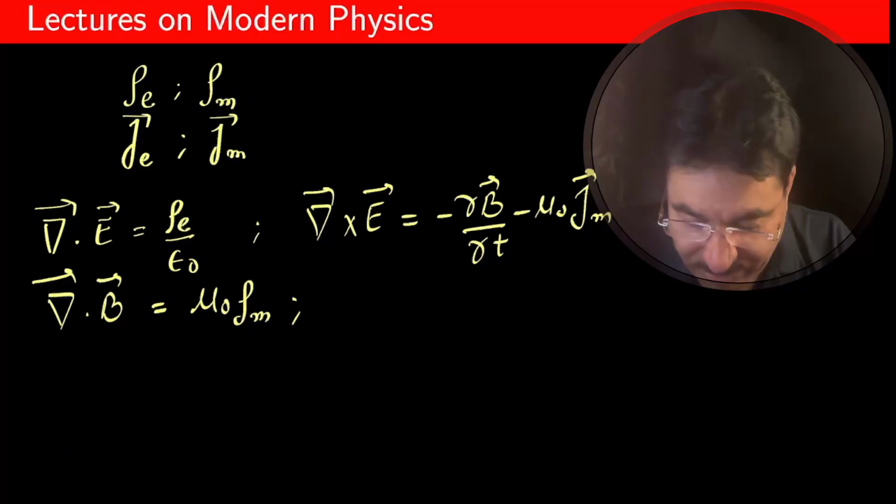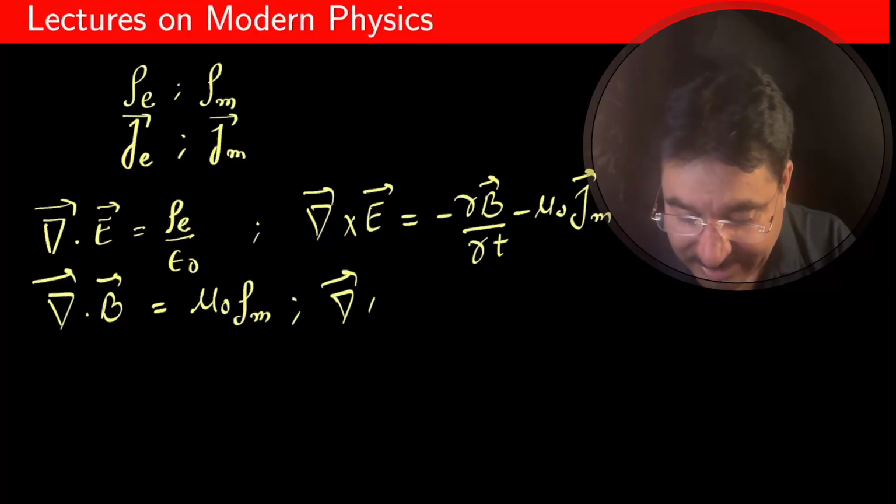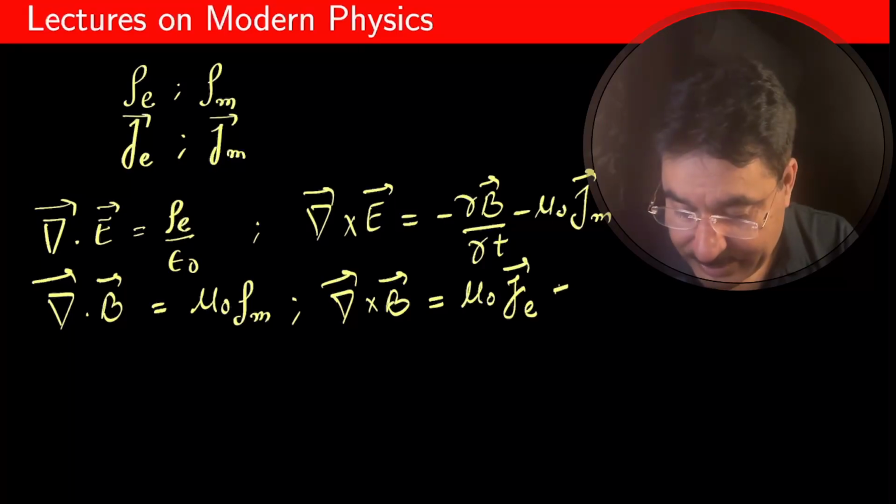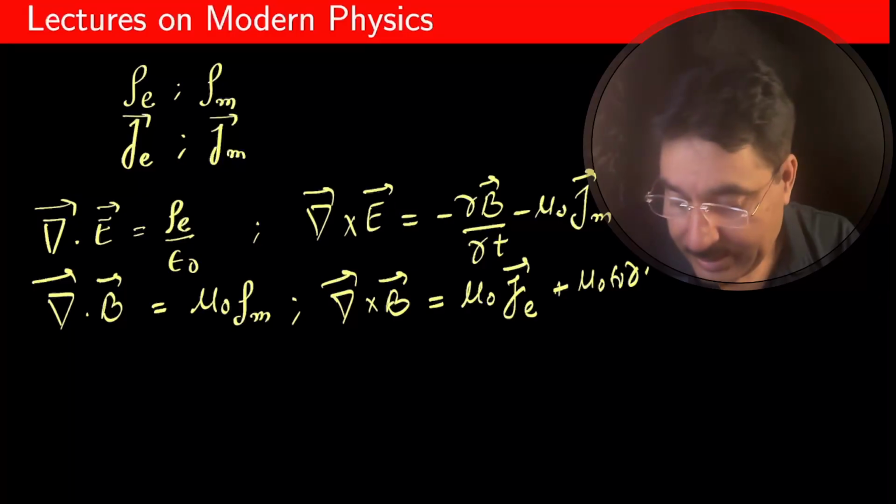Let's write down the fourth equation so that we understand the second equation properly. Del cross B is what? Mu naught J electric plus mu naught epsilon naught del E by del t.